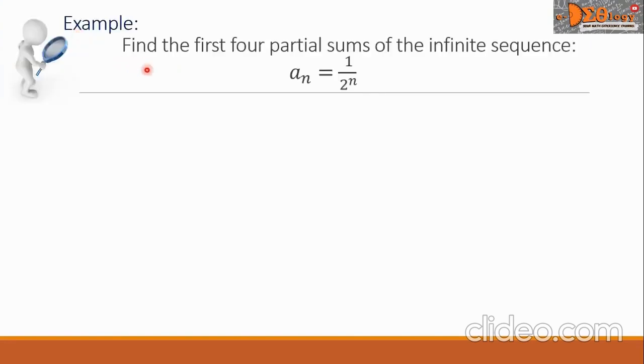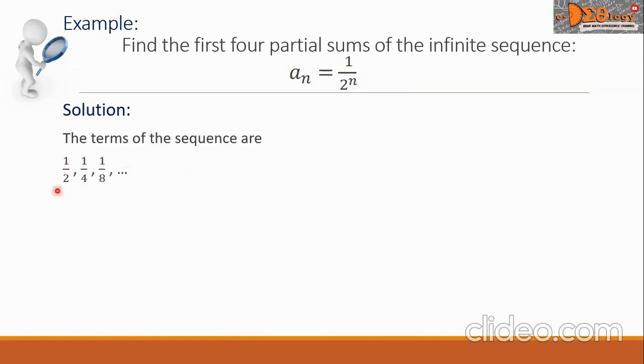Example, find the first 4 partial sums of the infinite sequence a sub n equals 1 over 2 raised to n. Let us write the terms of the sequence.